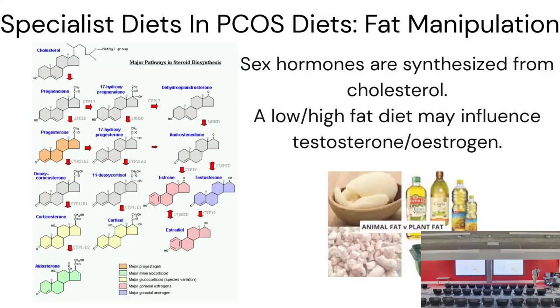So if there's a lack of fat in the diet, we could see a negative effect on our estrogen production. So maybe we should have a high-fat diet, or maybe we should have a low-fat diet. Which is it? And on that, maybe animal fat is better. Maybe it's the saturated fat we need. Saturated fat contributes towards testosterone production. So actually, maybe that's bad.